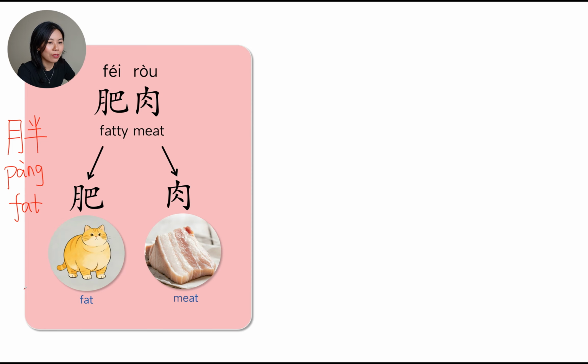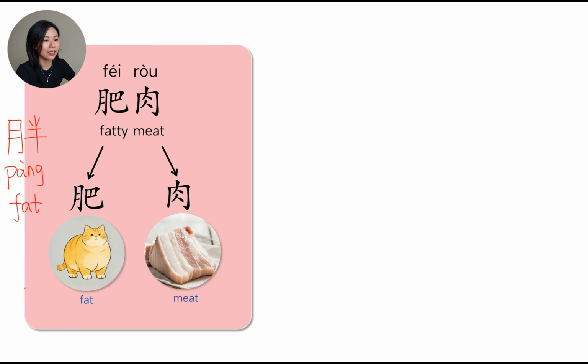In general I would say 胖 sounds a little bit more polite. I know calling someone fat is always rude, but between these two words the 胖 is slightly more polite and the 肥 is slightly more rude, and the 肥 is usually used to refer to the fat object like the fatty meat.